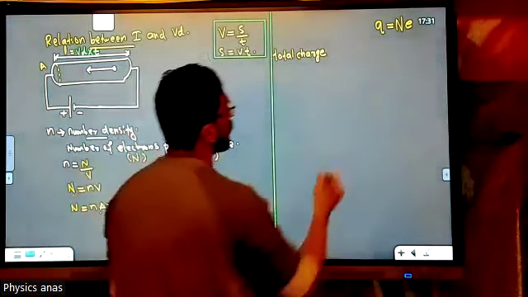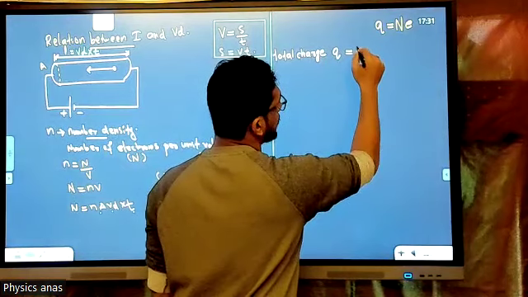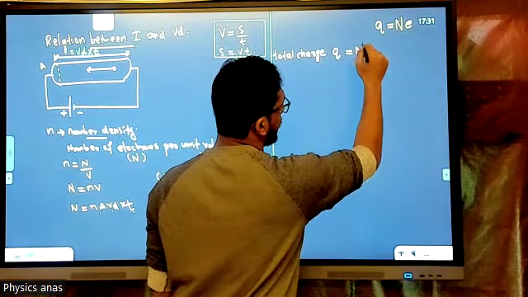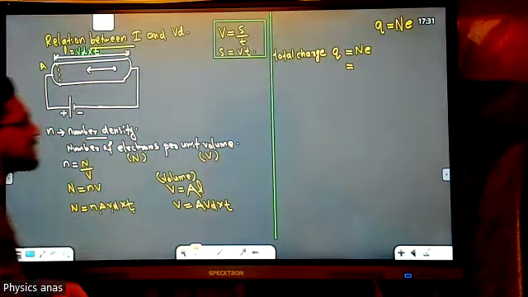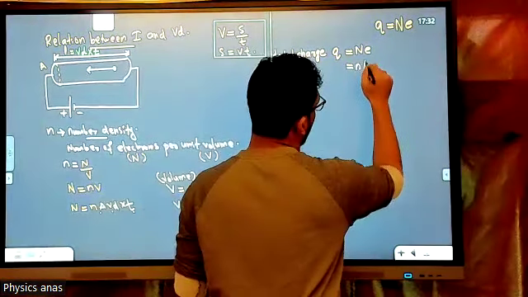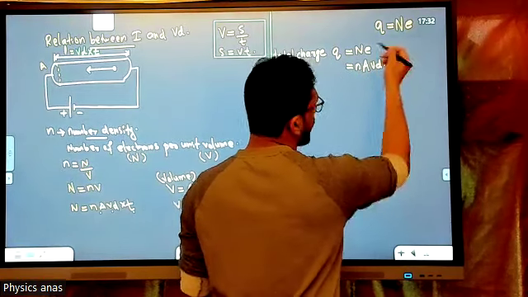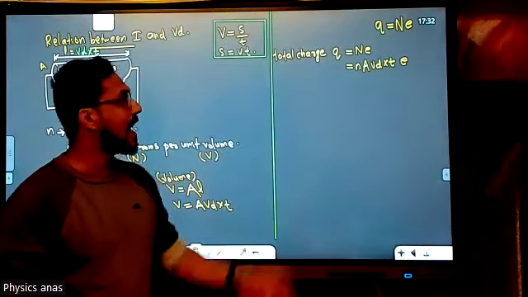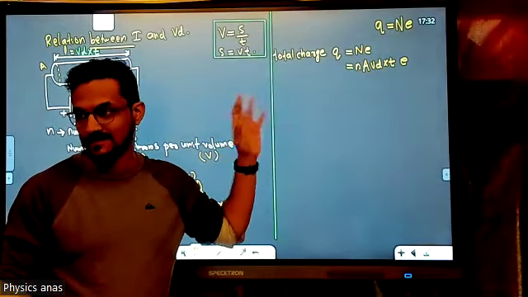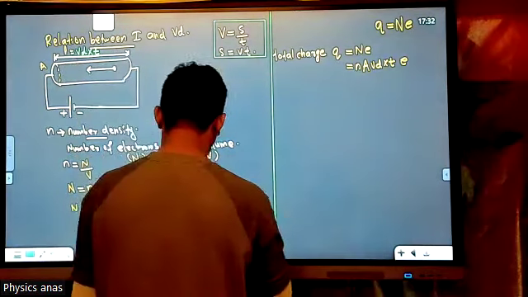Q is equal to Ne, right? N is small n A v_d into t. Now just multiply it with e. You have Q now. What will be current now?